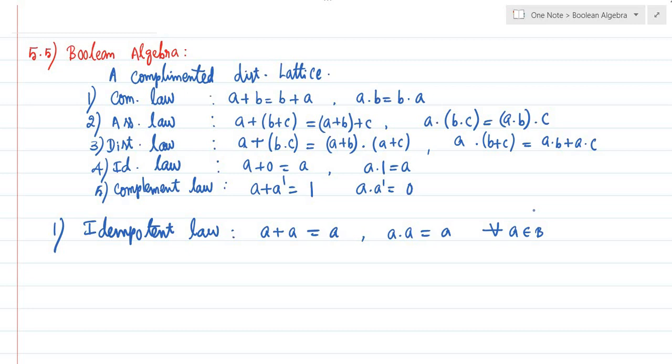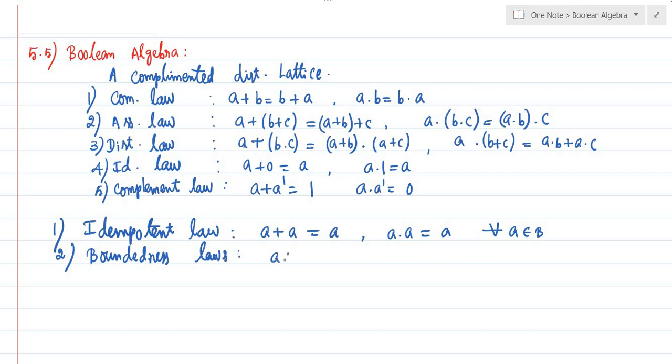Second one, in the same manner, when you consider the boundedness law, in the sense we need some boundary values also here. Let me explain now. Boundedness laws, otherwise called dominance laws also.